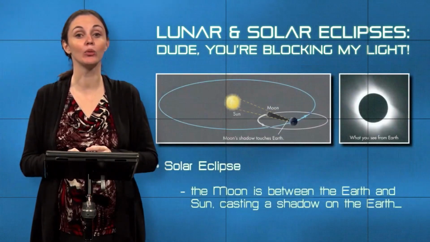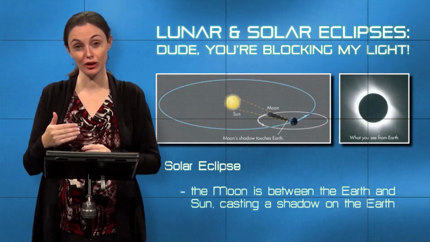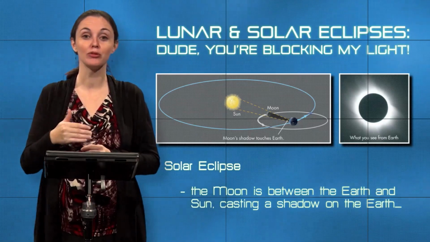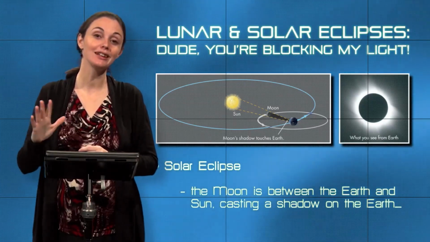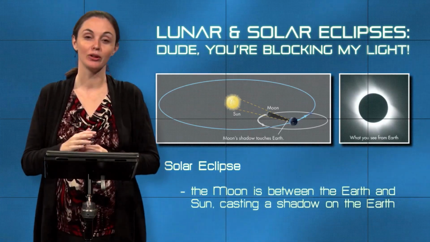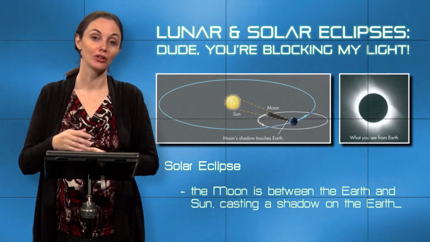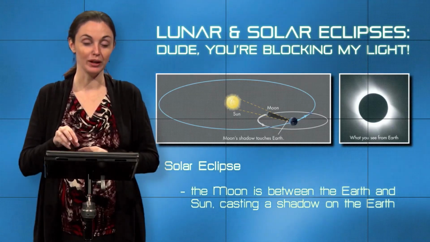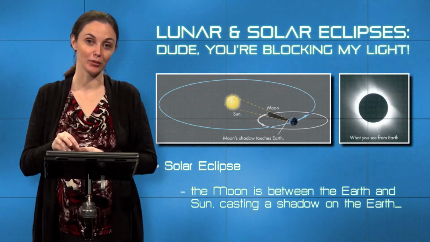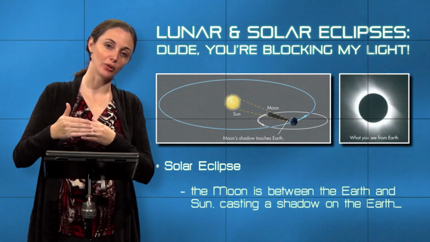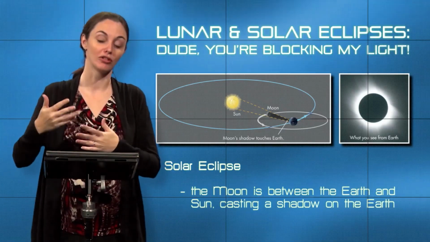A long time ago, when the moon used to be closer to Earth, it was probably possible for the moon to completely block out light from the sun. So even a few million years ago, even maybe halfway through the history of the Earth, it would have been possible for all of the light to be blocked out.